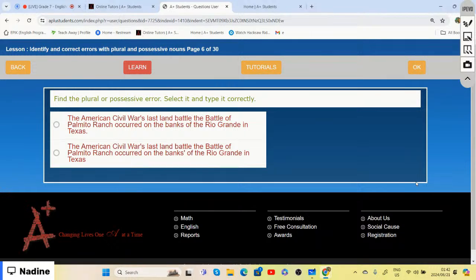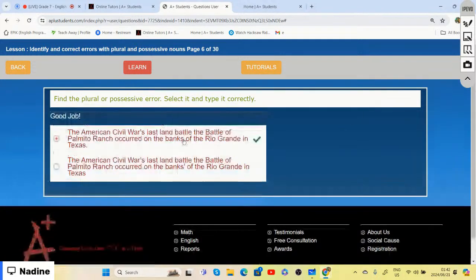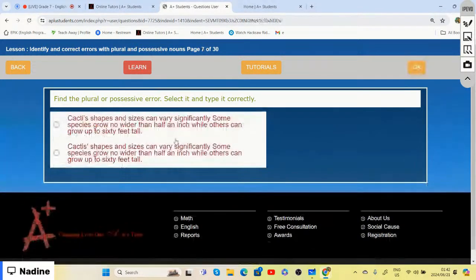And if we were to choose the correct one, we will say it is option one, the banks, which is more than one bank of the Rio Grande.